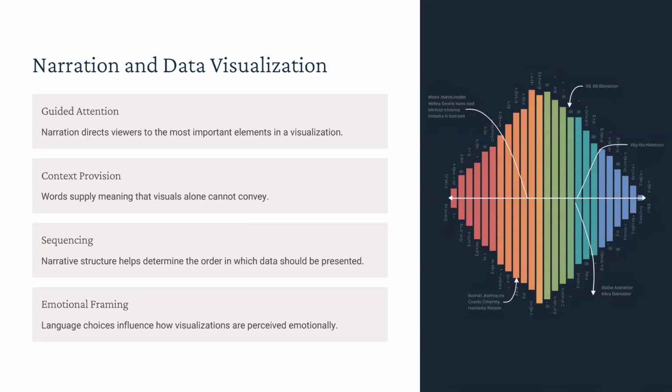Visualization is very good to help the people to connect the different bits and pieces of the story. So narration directs the viewer to the most important element in the visualization. And this is the reason we need to make our visualization simple so that when we try to do this connection, it will be easy for the audience to follow our direction.